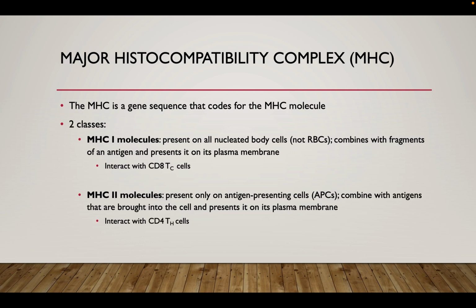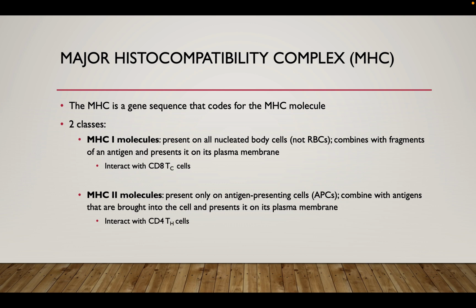So we talked about how there were 2 types of MHC molecules, and we introduced one with the B cell. We talked about MHC class 2 that is present on antigen-presenting cells. Now the other one is called MHC class 1, and these are on all body cells that contain a nucleus, so all nucleated body cells.